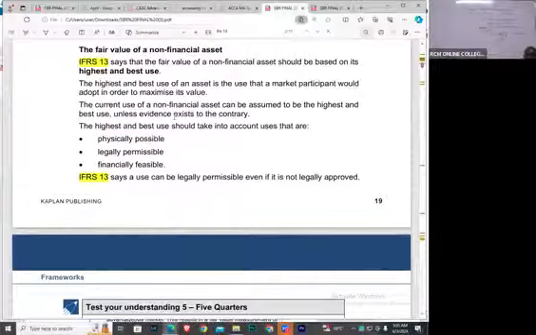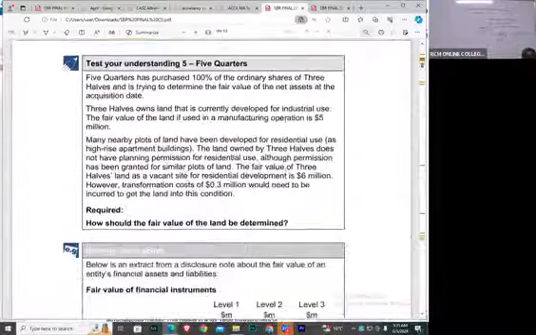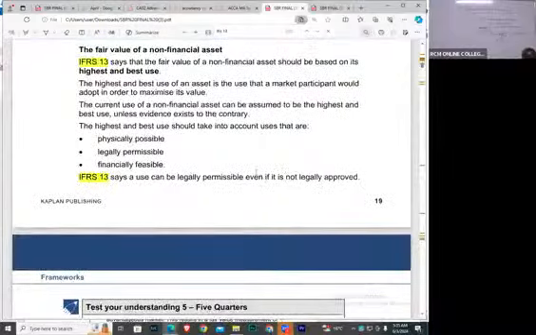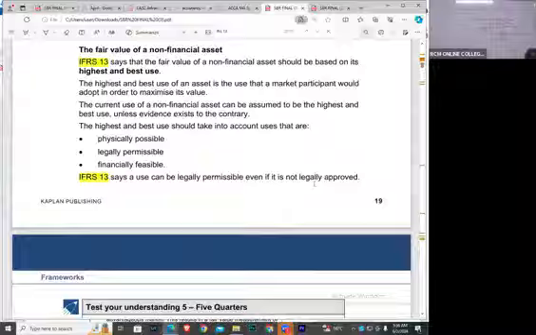IFRS 13 says a use can be legally permissible even if it's not legally approved. For us to understand, ladies and gentlemen, remember you can always look for approvals, especially if other people have gotten approvals in that particular area. Even if it was a restricted area, I can now say that if my neighbor got approval, I can also get approval.